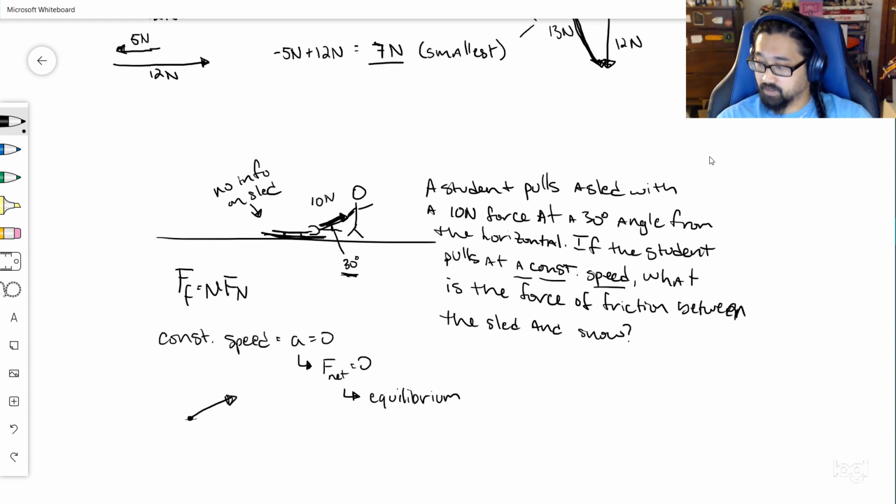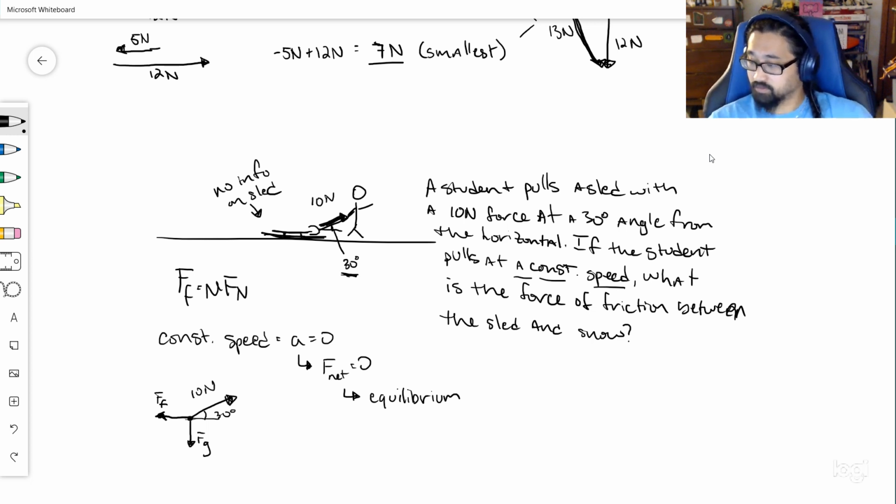I have this force, which is 10 newtons at a 30-degree angle, with the sled moving this way, and I have some force of friction here. I also have a force of gravity. But this force right here is balancing out these other two forces.